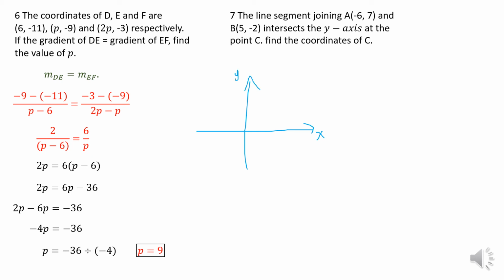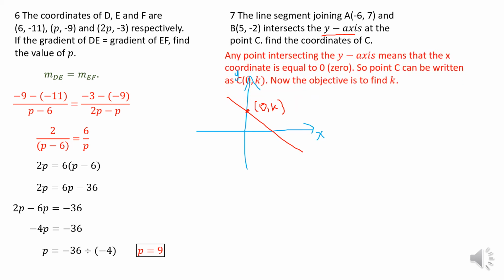So when a line, any line for that matter, intersects at the y-axis, no matter how that line goes, this point here of intersection, the x value is equal to 0. So we don't know what the y value is, so I'll replace that by a k. And that is what I'm going to refer to in my next point that you are seeing here.